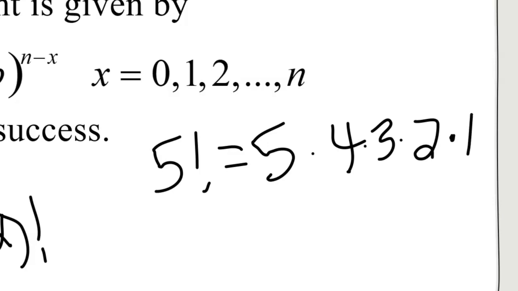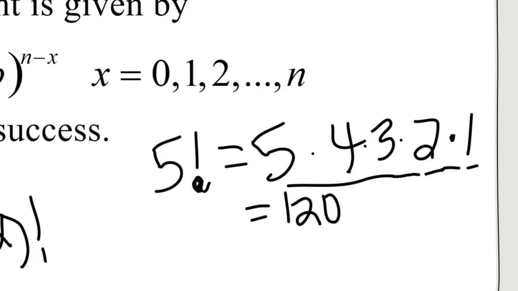And so that would be 5 times 4, which is 20, 20 times 3, which is 60, 60 times 2, which is 120, 120 times 1 is 120. So 5 factorial is equal to 120, all right? So those are some new formulas that we have not seen yet within this statistics course, but what I'm going to allow you to do is to use a combination calculator to calculate the combination in this formula.